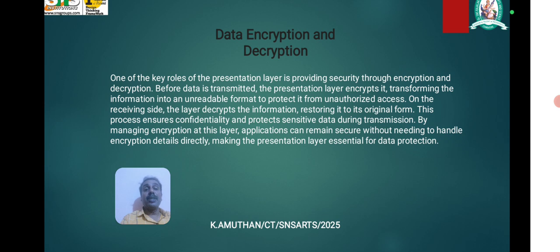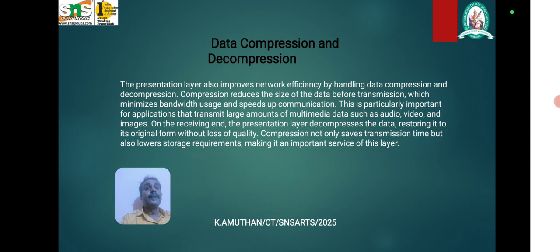By managing encryption at this layer, applications can remain secure without needing to handle encryption details directly, making the presentation layer essential for data protection. Next, data compression and decompression. The presentation layer also improves network efficiency by handling data compression and decompression. Compression reduces the size of the data before transmission, which minimizes bandwidth usage and speeds up communication.